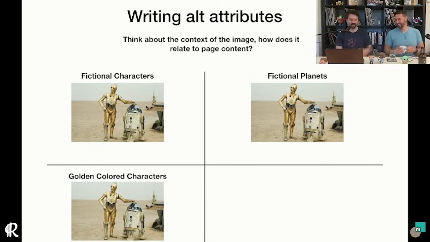So we got another one. Golden colored characters. Okay, so then this would be... Oh, so now would this just be just C-3PO? Would it be just C-3PO with his friend or something like that? Right, exactly. So this bugs me about some CMSs. For example, in Drupal, we've got a media library, and when you add an image to the media library, you're assuming that it's going to be reusable.